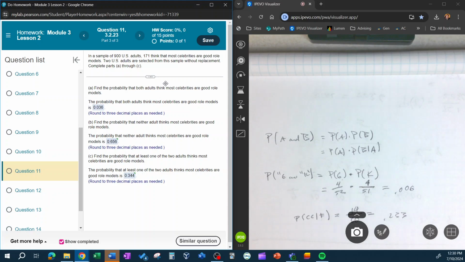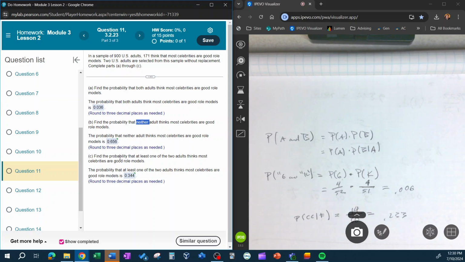So I want you to understand that this is one of the problems that occurs on the tests and quizzes, and it basically has at least 3 parts. The first part is that both events happen. The second part is that neither event happens.